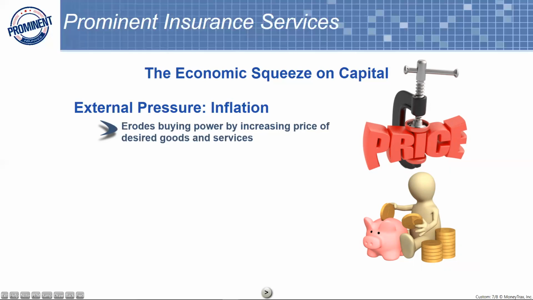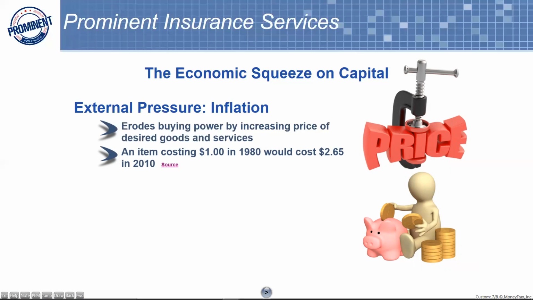So you may go to a store and say, man, this is expensive. No, it's not that expensive. It's just that your money has lost its value due to inflation. Something that cost $1 in 1980 would cost $2.65 in 2010. So your money just lost its purchasing power.